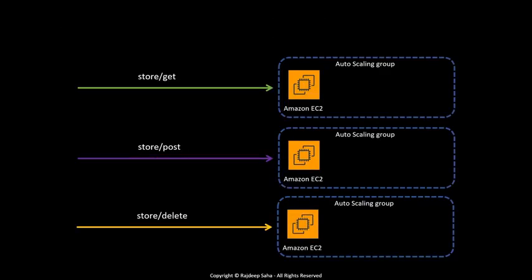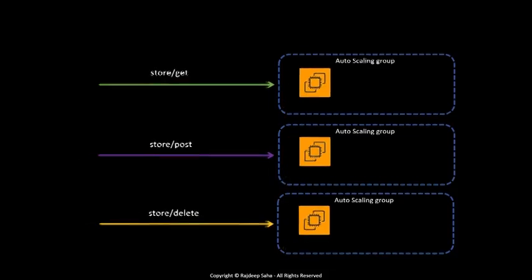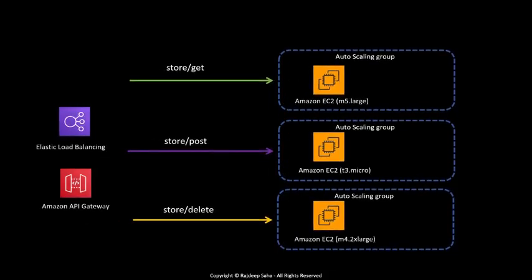Each of those Amazon EC2 could be part of different auto-scaling groups with different scaling criteria. You can select appropriate Amazon EC2 family based on the nature of the microservice. So if some microservice is memory intensive, you can select a higher memory EC2 and you can scale based on memory instead of CPU. You can use Elastic Load Balancer or Amazon API Gateway to host those microservices.